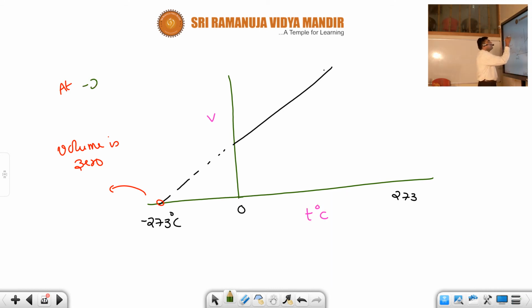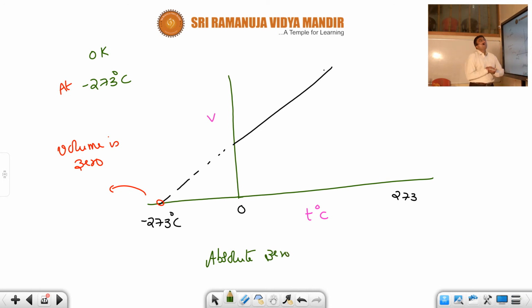At minus 273 degrees centigrade, volume is 0. I hope you understood. So try to understand, students. This is nothing but 0 Kelvin. That's why it is called absolute 0.